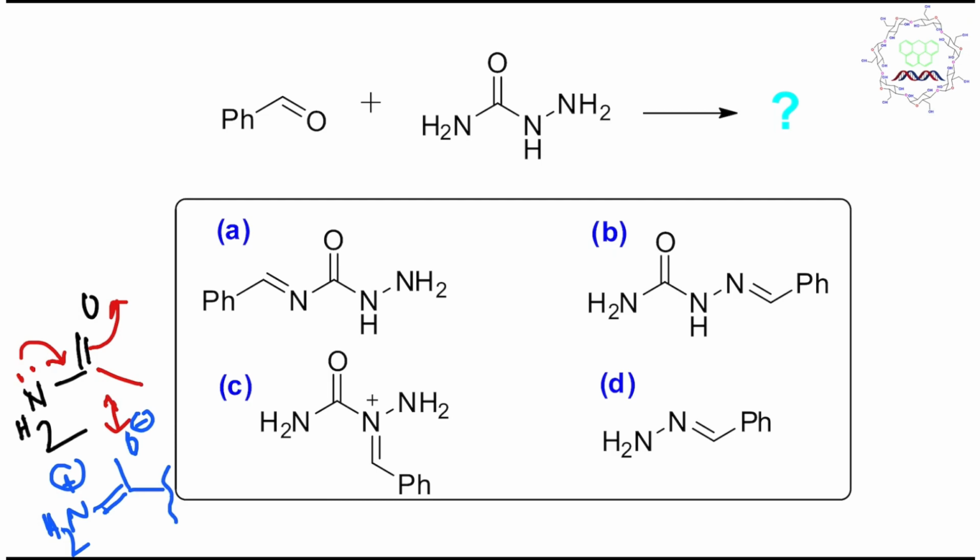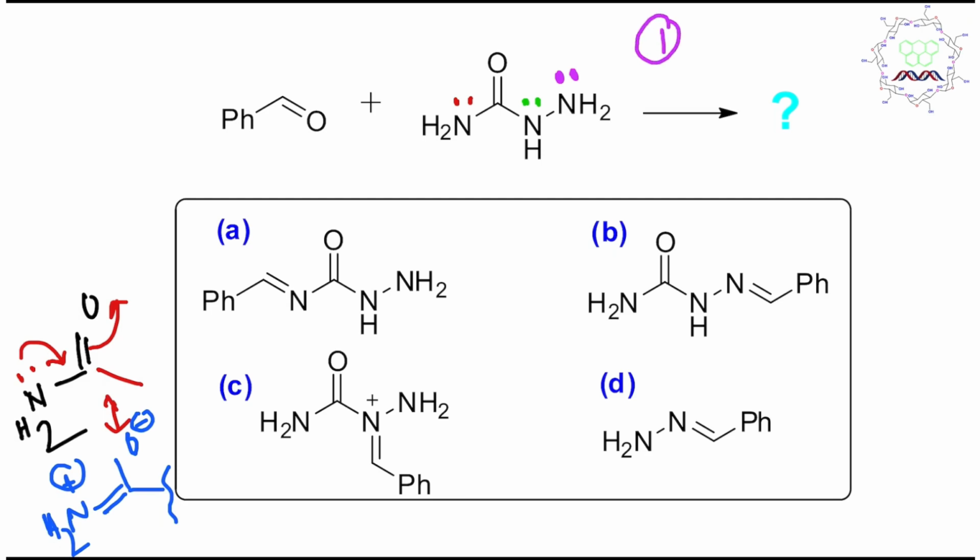What message is given by this? That the lone pair electron density on this adjacent nitrogen is lesser because of this carbonyl group, meaning conjugation. A similar phenomenon is also possible for this nitrogen. So both of these nitrogens' lone pairs are involved in resonance or conjugation with this carbonyl group, but there is another lone pair of electrons here which is not in conjugation, point number one.